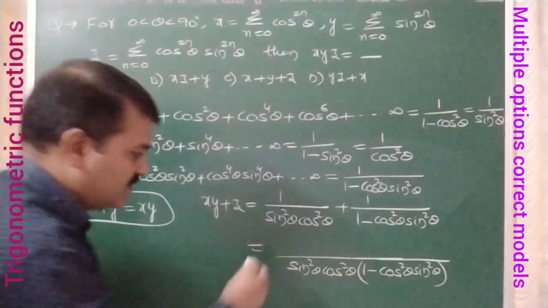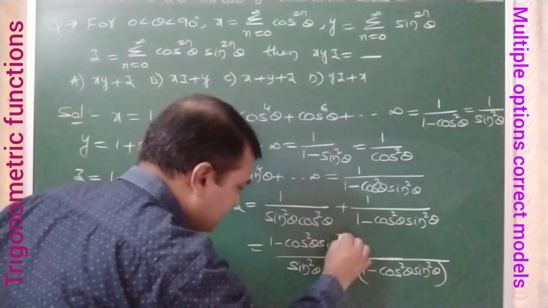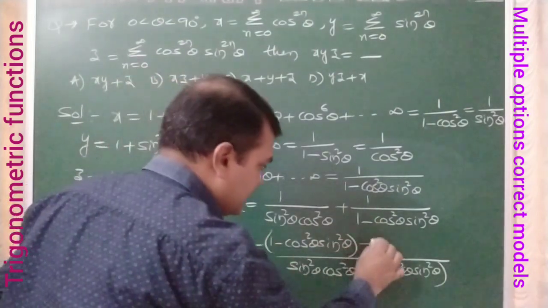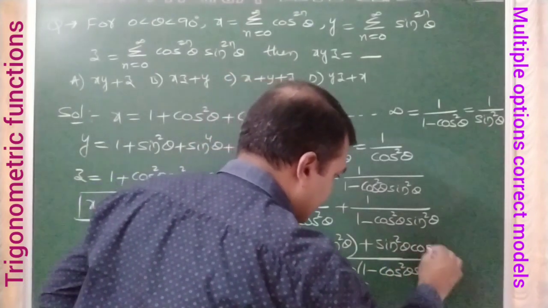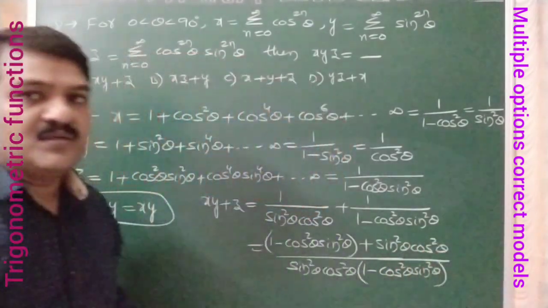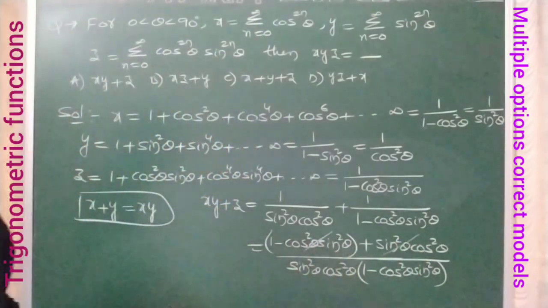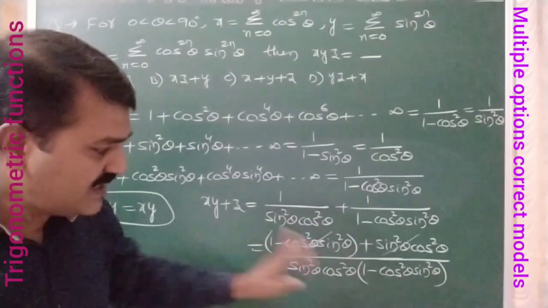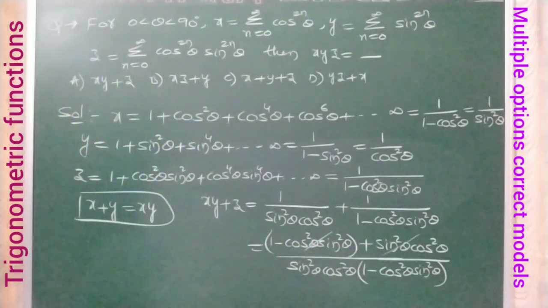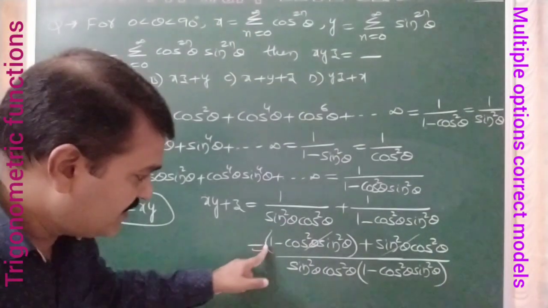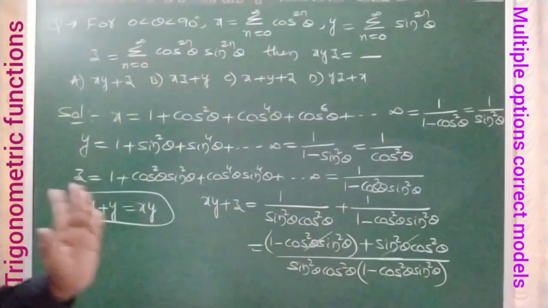In the first term you will get 1 minus cos squared theta sin squared theta, and in the second term you will get sin squared theta cos squared theta. Clearly, these two terms cancel. What is left now is 1 by sin squared theta cos squared theta into 1 minus cos squared theta sin squared theta.